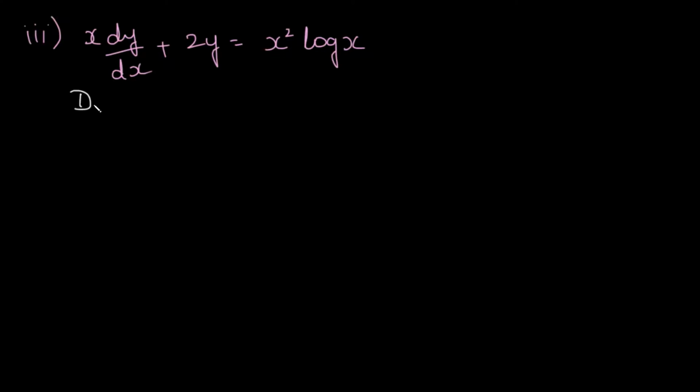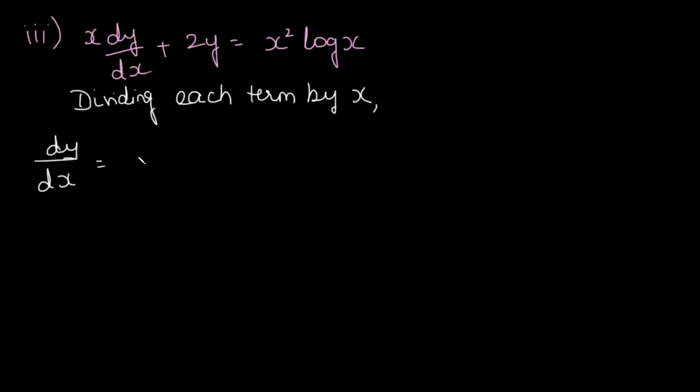So the first step here is dividing each term by x. We get dy by dx plus 2y upon x is equal to x square divided by x gives us x. So x log x.